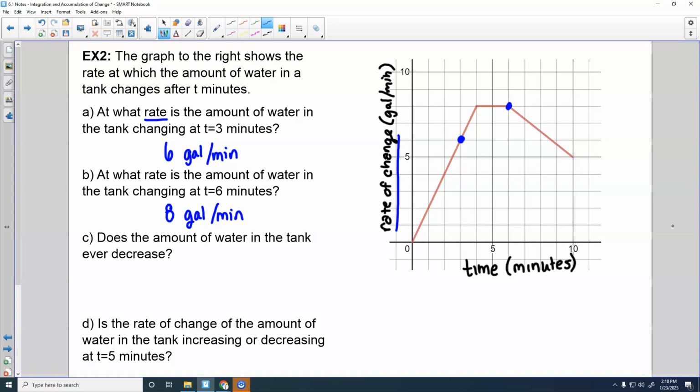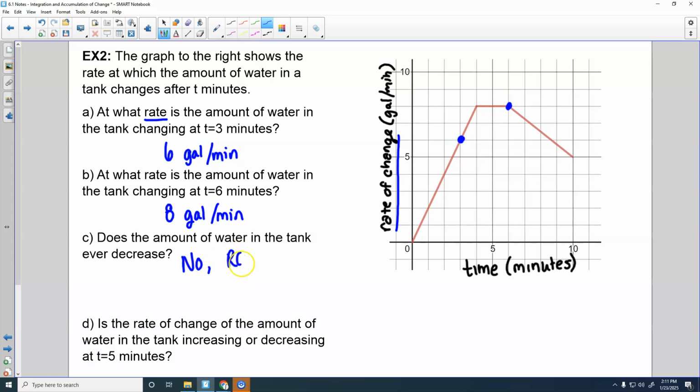For us to actually see the amount dropping, we'd have to see a negative rate of change right there. So like Xander said, the amount of water going into the tank is not as much as it was before. It's slowing down, but it's still got water going into the tank. So no.